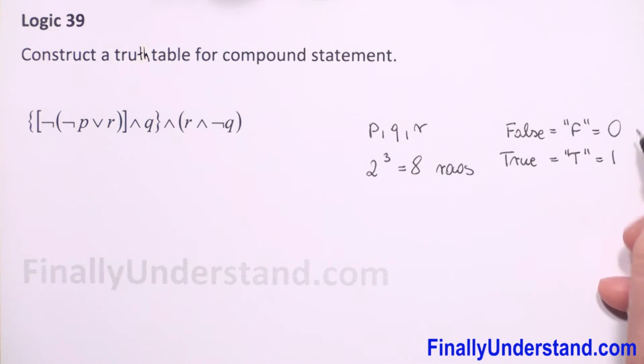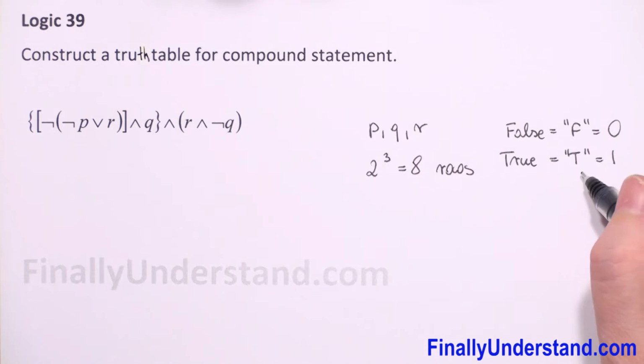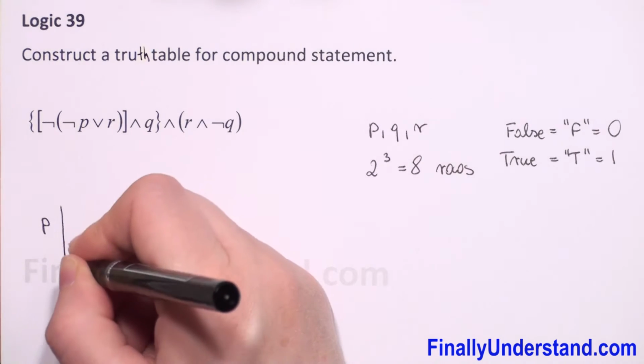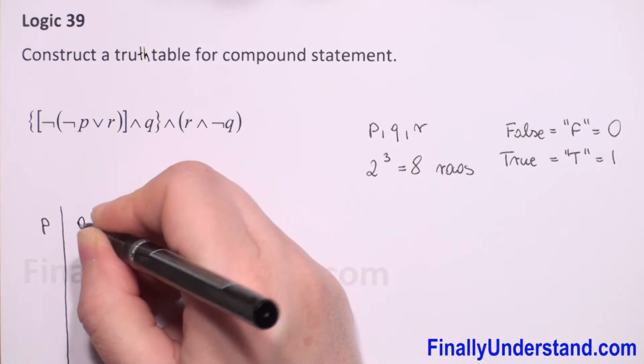It means the same. For false we use 0, and for true 1. I will use 0, 1 because it's easier for me.